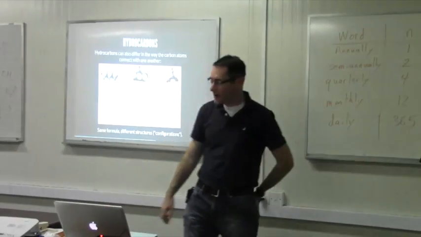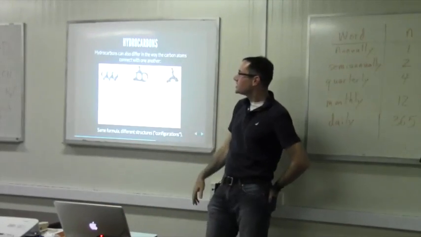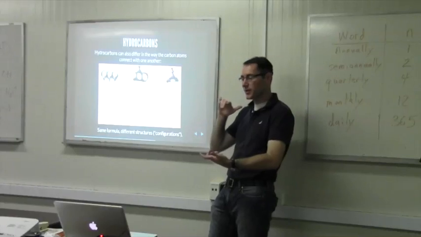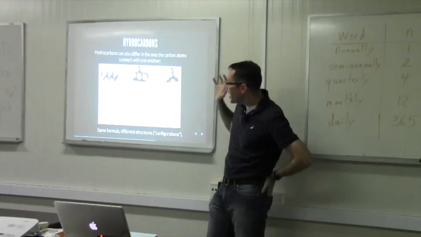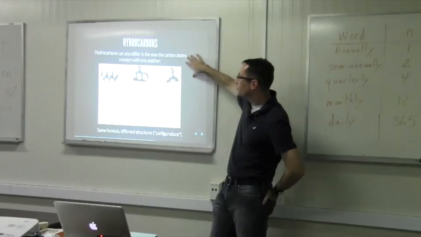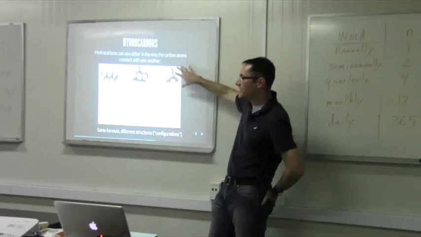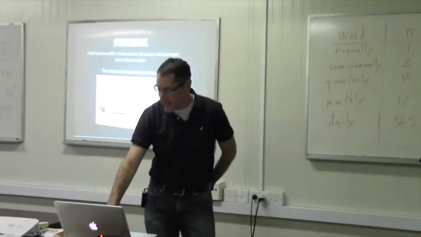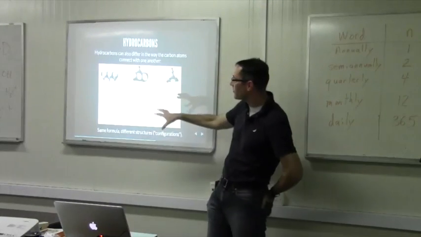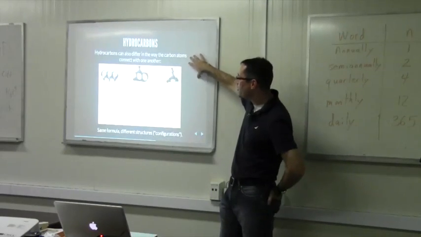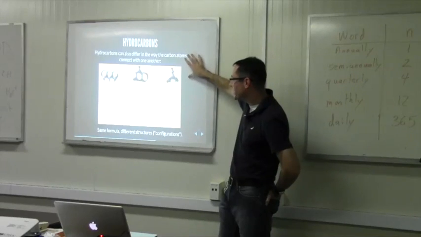All right, so hydrocarbons. Remember how I said organic chemistry is a lot of times about structures and three-dimensional thinking. Hydrocarbons can differ in the way carbon atoms connect with each other. They can differ in the number of carbons and hydrogens, but also in the way those hydrocarbons are connected together.